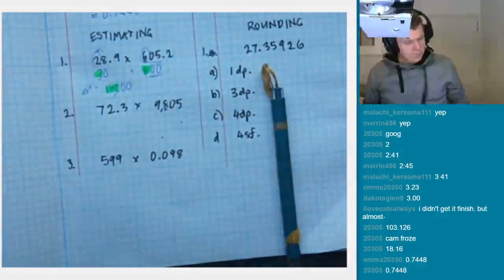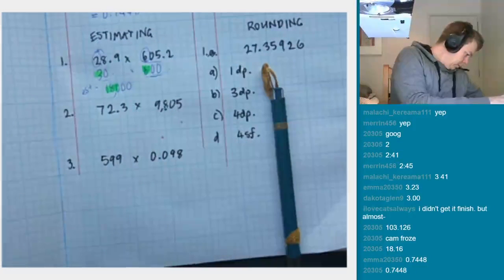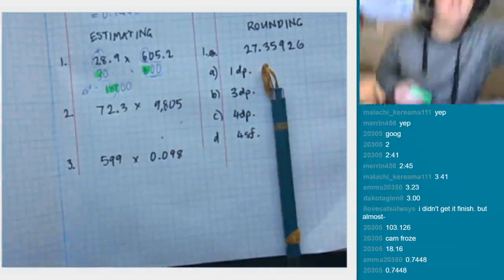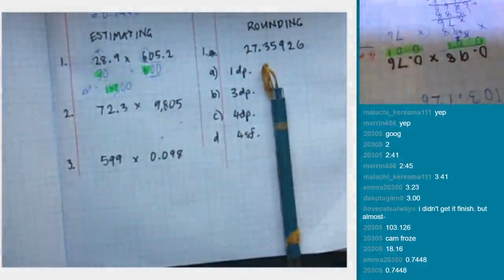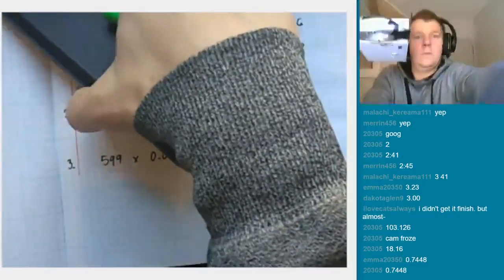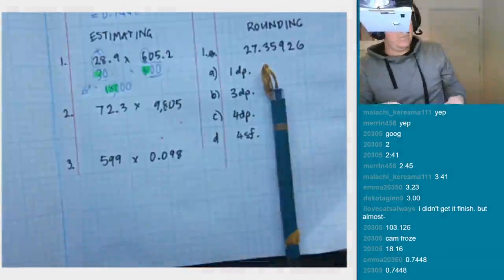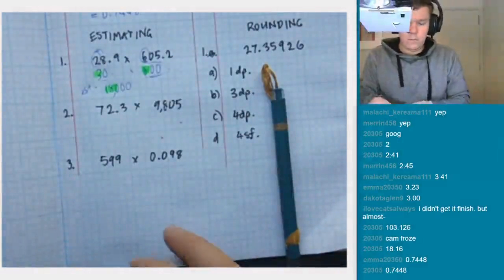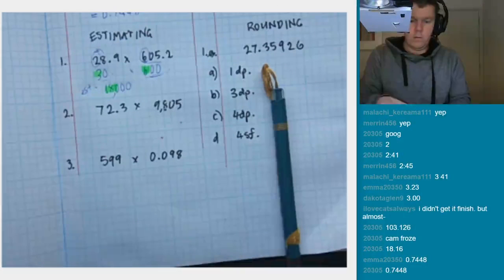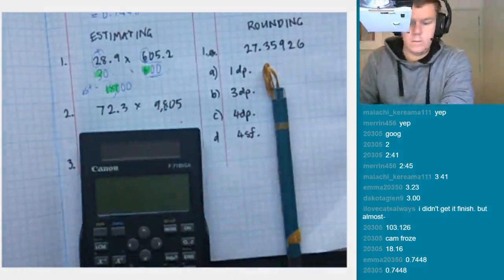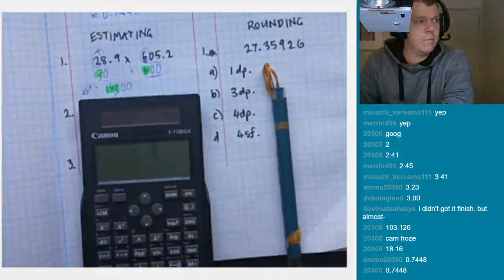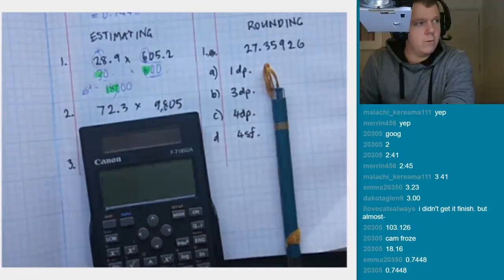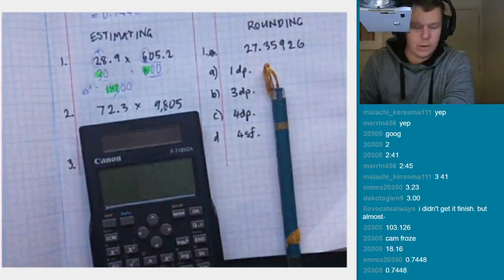What I might also do is, have I got a calculator somewhere? There it is. I'll just also show you, this is quite cool that I can get this both on the same screen.